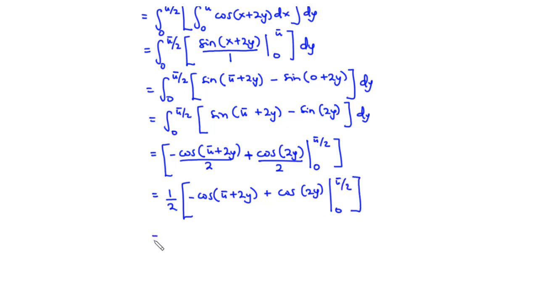Next, we are going to input both the lower and the upper limits into this function. So we are going to have negative cos(pi + 2y).